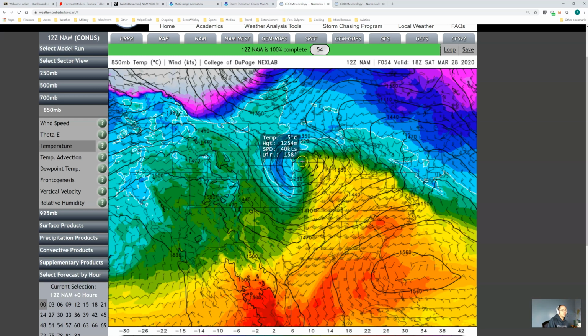In fact, you can almost see the boundary with a little bit of a pressure trough extending maybe through Detroit and out towards Erie, Pennsylvania. Again, a warm sector here at 850 with very nice temperatures, and cool air, this continental polar air mass, spilling in behind our system.